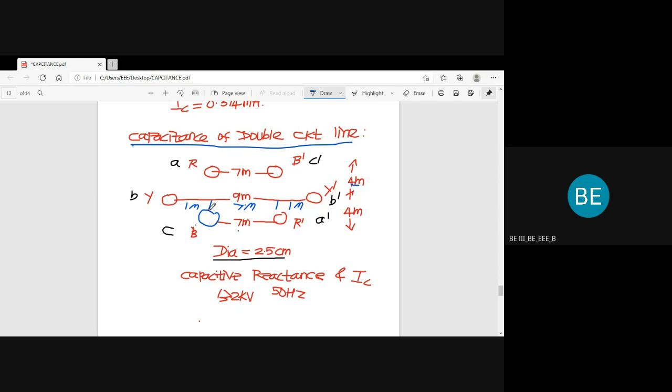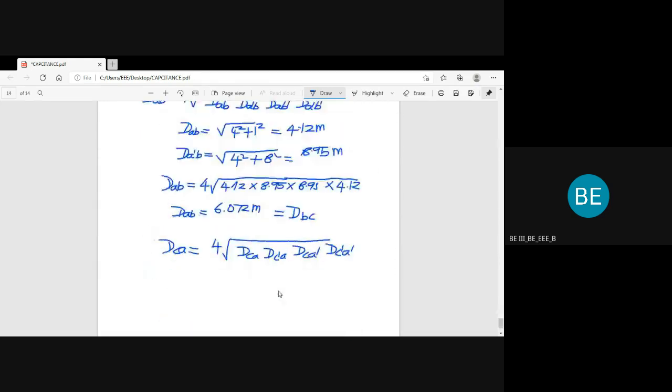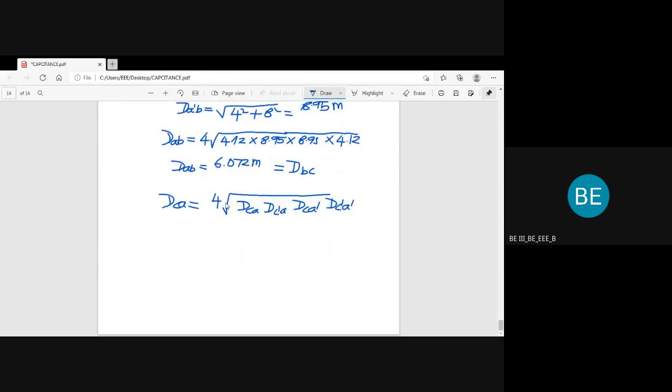So conductor this to this, CA will be 8 meter. C'A will be 7 meter. So we can write fourth root of 8 into 7 into 7 into 8. So you can get the DCA value 7.483 meter.